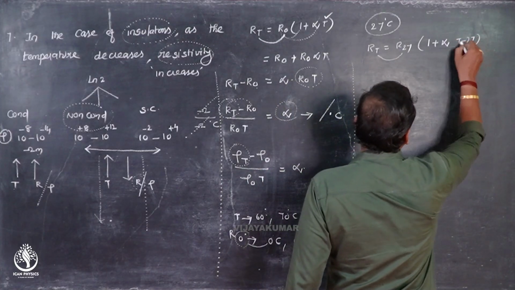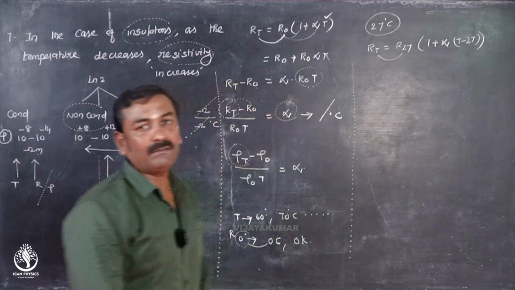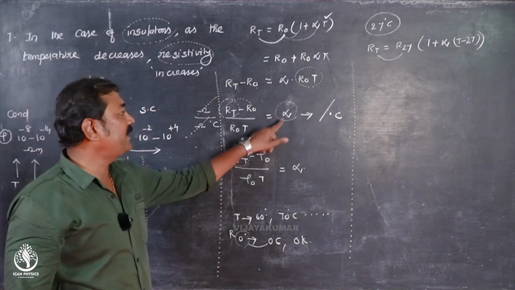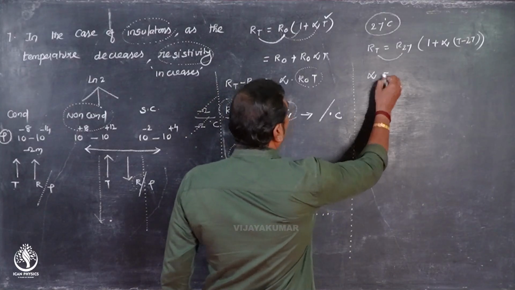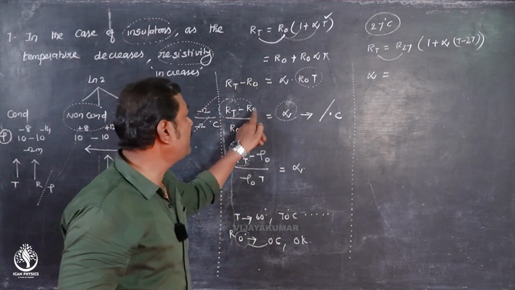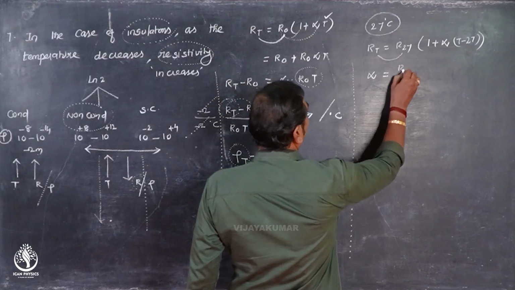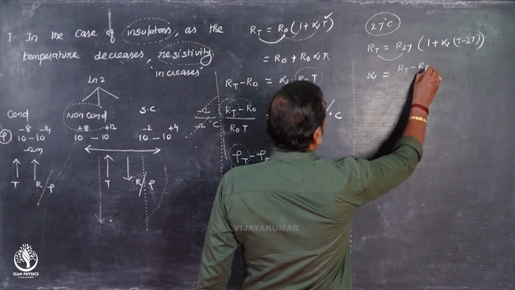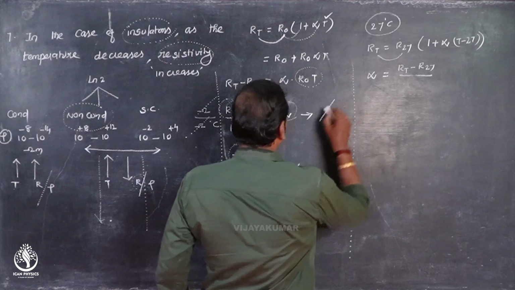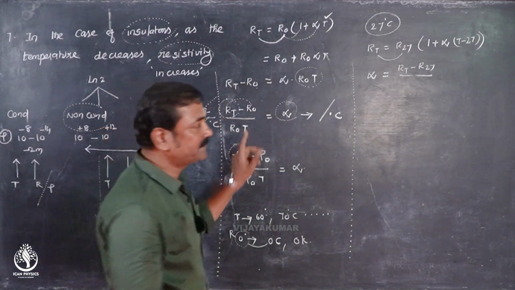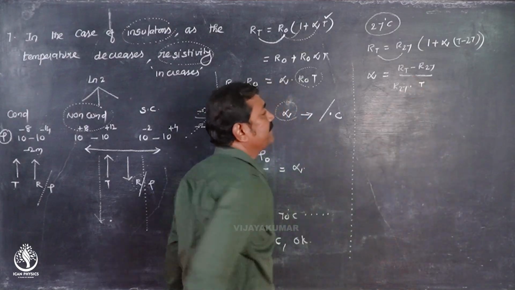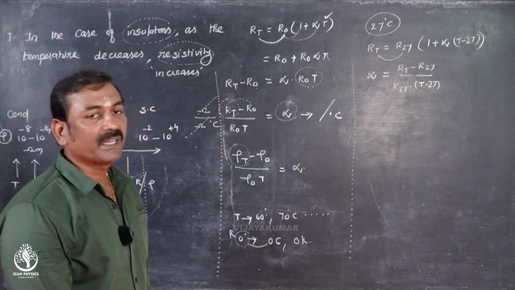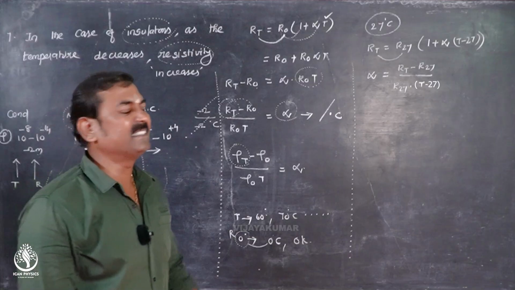So do you get it now? Okay. So finally we can change the formula for alpha. Alpha equal to R_T minus R_27 divided by R_27 into (T minus 27). So like that we can calculate the temperature coefficient of resistance.